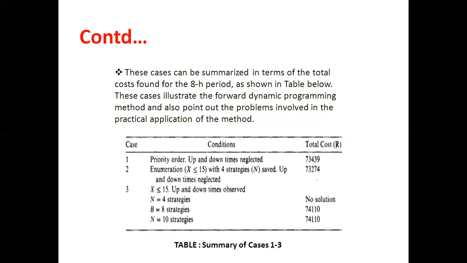Where n equal to 10, it is again 74,110. This is the summary of cases 1 to 3, the total cost.